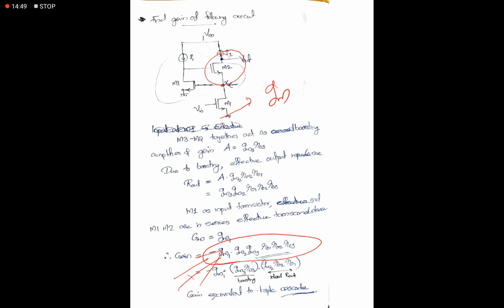Okay, so here we are just improving the output resistance with the help of an amplifier stage. Okay, that's all. So we finished the third module also.